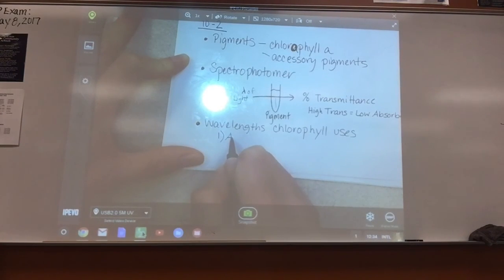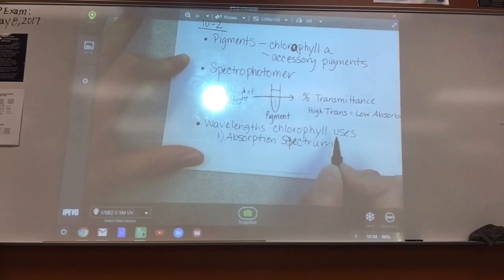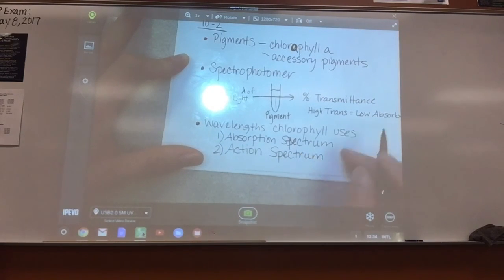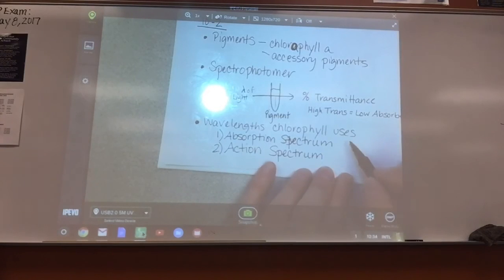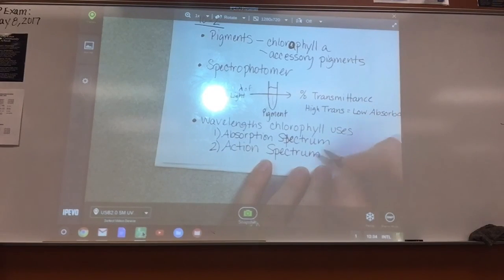And so remember there was a graph that looked like this, and it went down like this, and it went up like that. Do you remember that? If you have areas where there are peaks or higher absorbance, then we can make the hypothesis that for that particular pigment, since it's absorbing that wavelength of light, it's probably important for photosynthesis. That's what an absorption spectrum is.